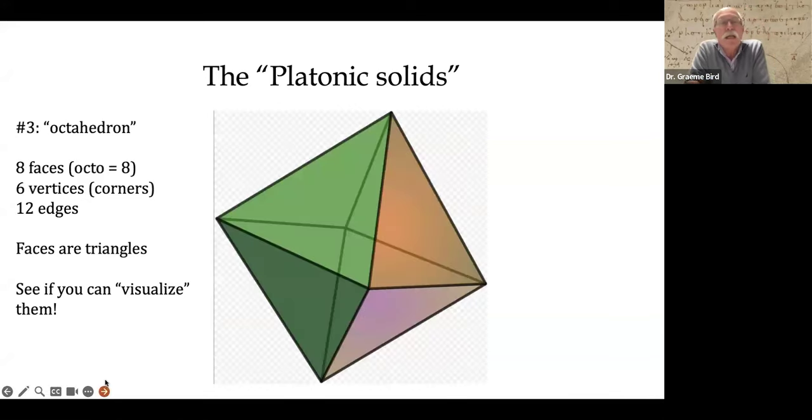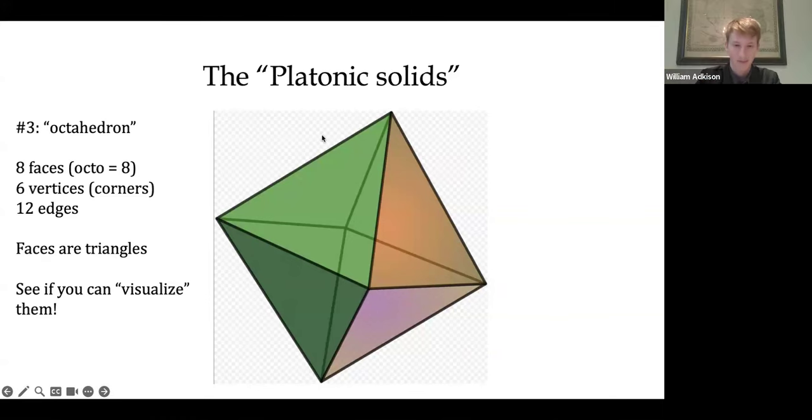Okay, number 3, the octahedron. Octo is the Greek word for 8. So it's got 8 triangles. Can you visualize all the 8 triangles? I think it's not too hard, right? And in fact, if you cut the octahedron in half, Lisa and William, you'd get 2 of those things we were talking about, right? What am I referring to?